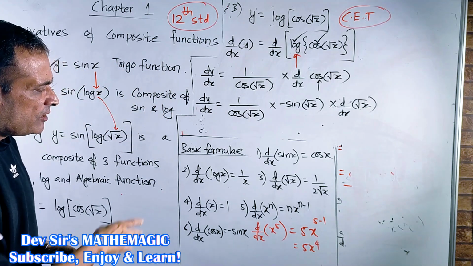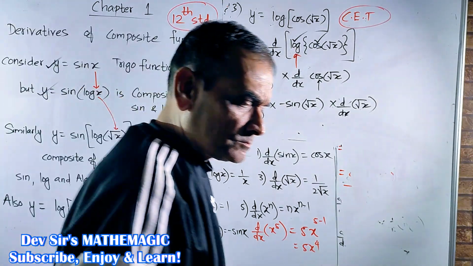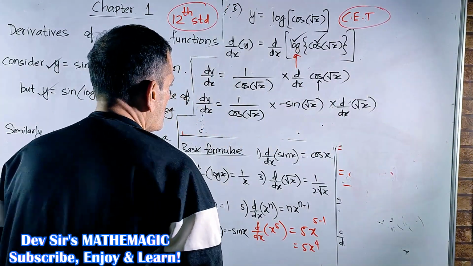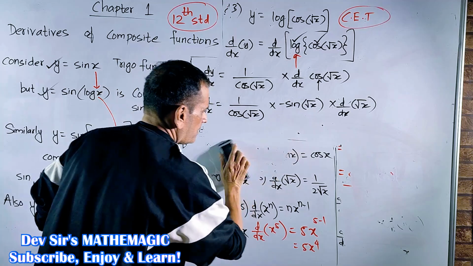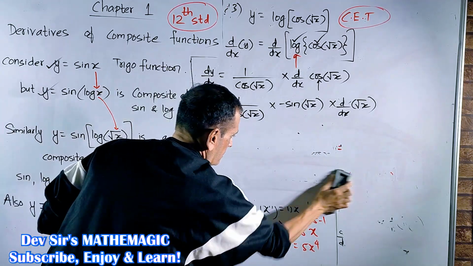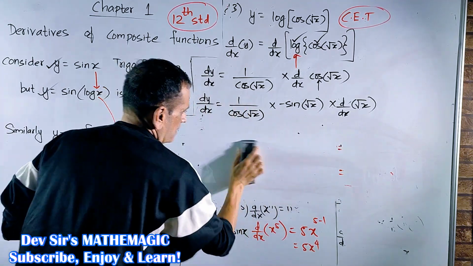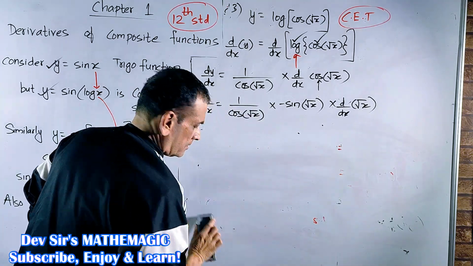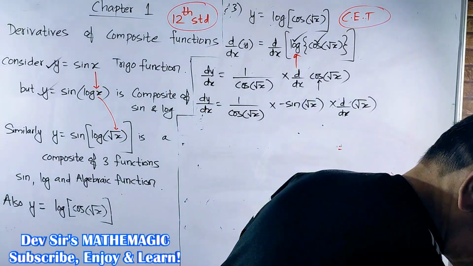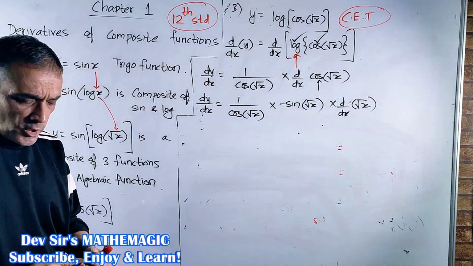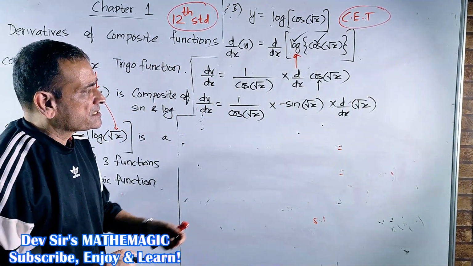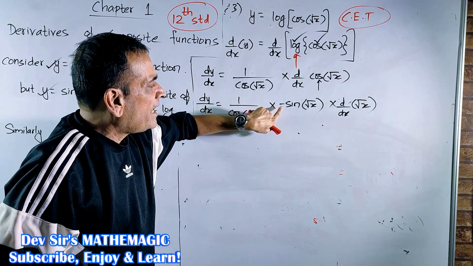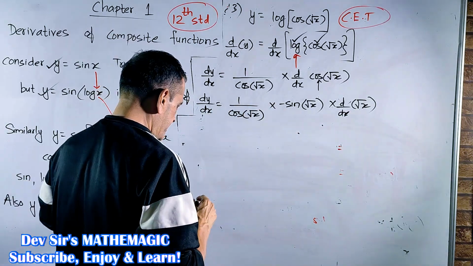I can rub this off now. Okay. See how I am writing this. 1 into minus sin root x is minus sin root x.